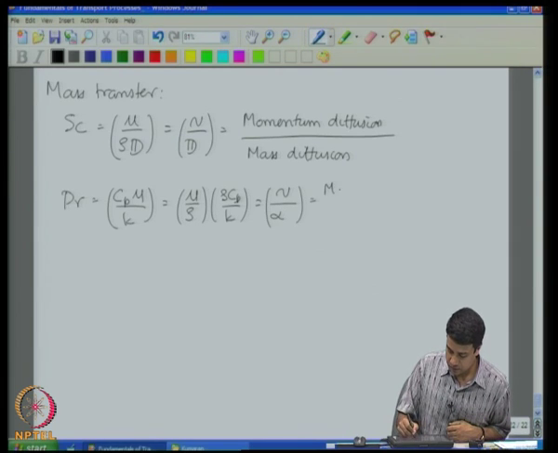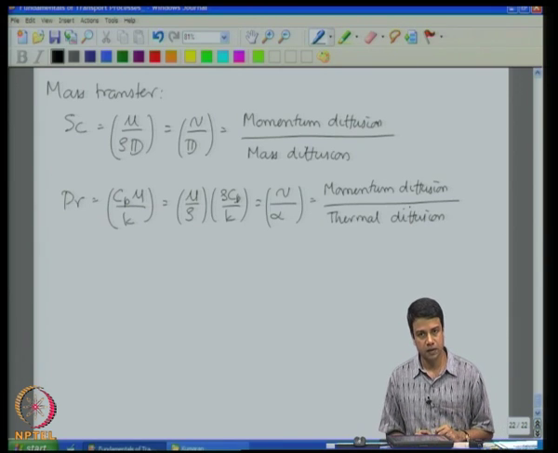So, this is equal to momentum diffusion by thermal diffusion. So, that is the Prandtl number.